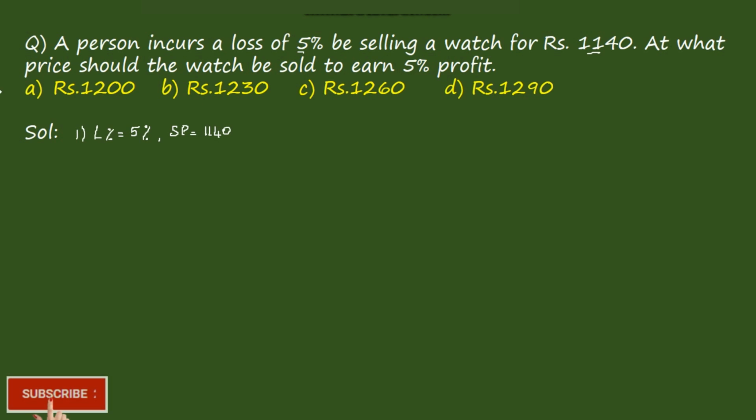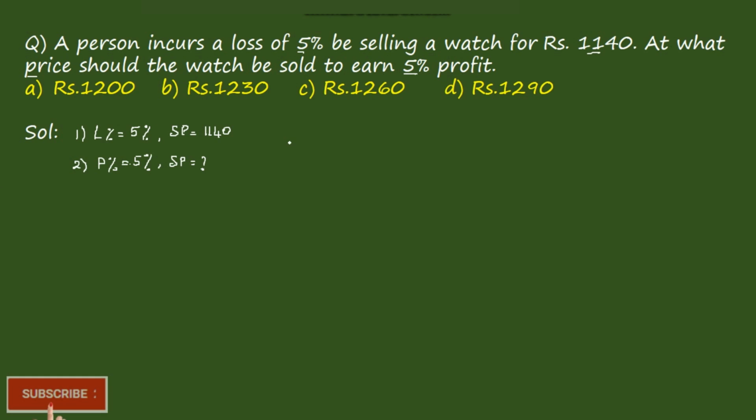Now they are asking at what price should the watch be sold to earn 5% profit. So the second one, the profit should be 5%. Then the selling price is equal to how much, they are asking.